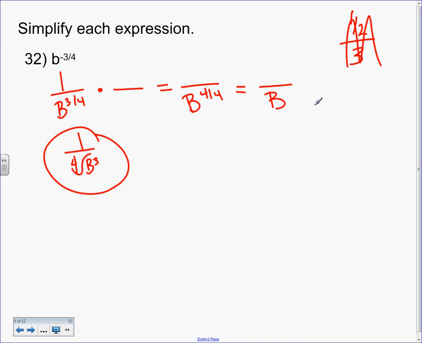So didn't my fraction exponent or my root in the denominator disappear if I do that? So if I want 4 over 4, and I have 3 over 4, I multiply by 1 over 4. Okay? What I do to the denominator, I have to do to the numerator. So I get b to the 1 over 4 over b.